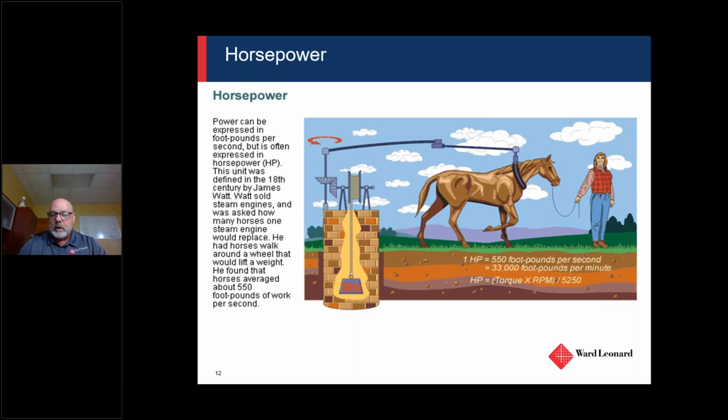So our current rating of 1 horsepower is equal to 550 foot-pounds per second, or 33,000 foot-pounds per minute. So that is the history of a horsepower and how we got to it. We still use that today, and it's the rating that everybody knows over in the States.